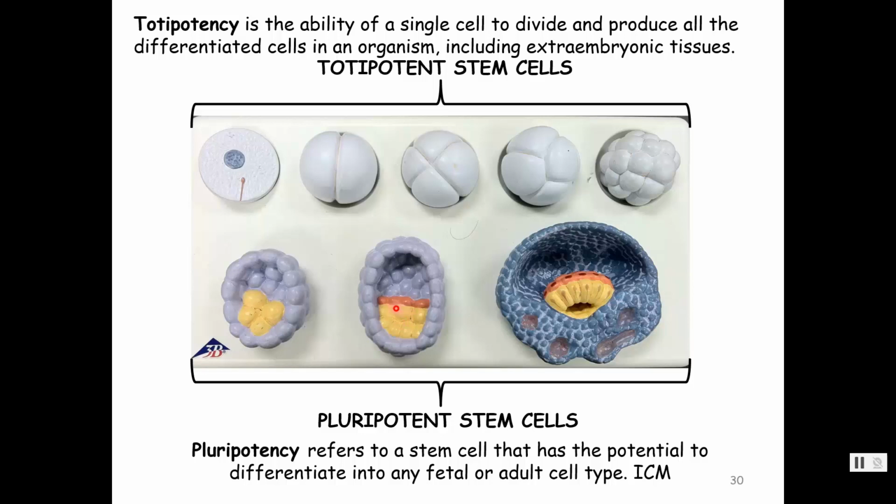And so these cells that are part of that inner cell mass, they're called pluripotent stem cells, meaning they have the potential to differentiate into any fetal or adult cell type in the inner cell mass. So these right here, the pluripotent stem cells. We talked about multipotent stem cells when we talked about those hemocytoblasts. And so those are already a little more specialized and differentiated. They can only become blood cells.